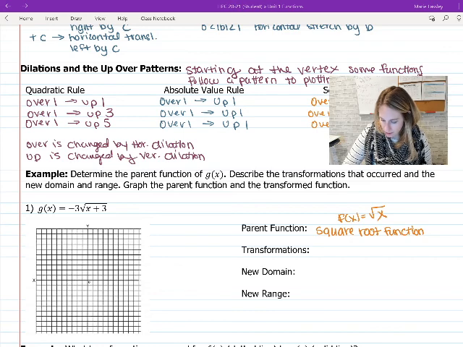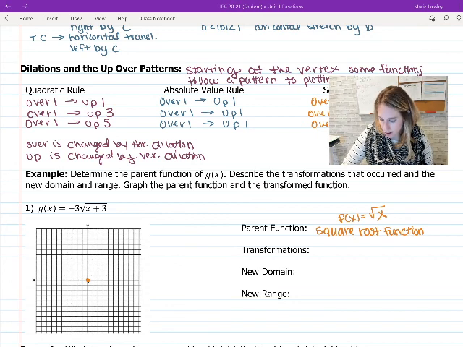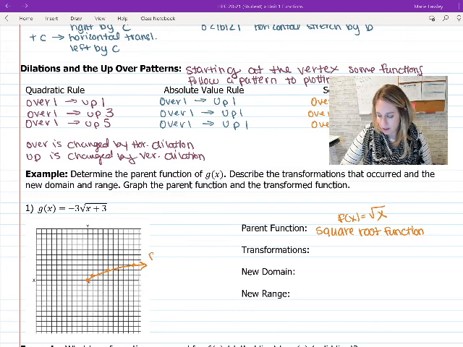It starts at 0, 0, and then it follows the square root pattern. We said over 1, up 1, over 3, up 1, over 5, up 1. This is the parent function. I'm calling it f of x.